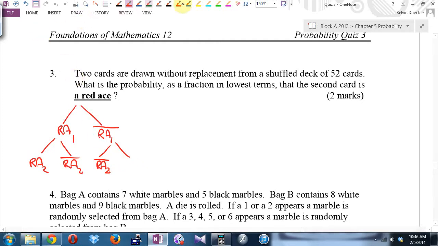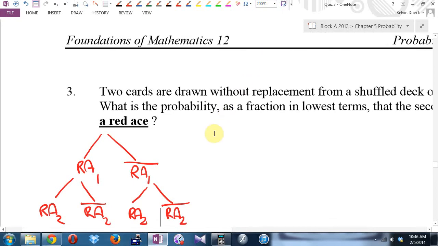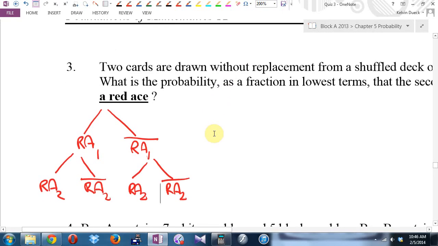Whoops, I did a not there. Or not. How many aces are there in the deck, grand total? 4. How many of those are red? 2. Okay, so if I'm setting up my branch, it's going to be 2 out of 52, and I guess 50 out of 52.